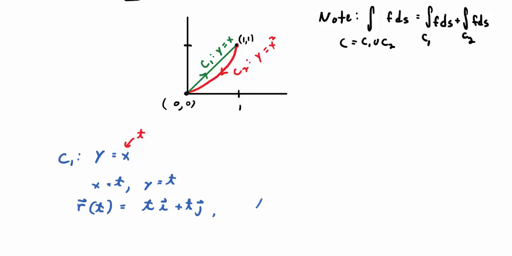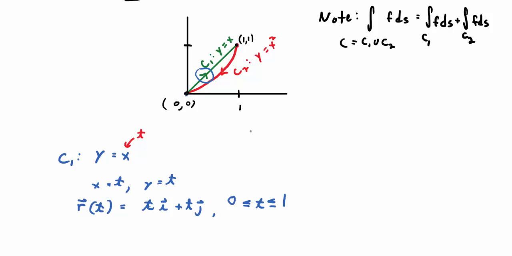What would be the bounds if this is your parameterization? Parameterizations aren't unique, but this would be the simplest one I could think of. What would be the bounds on t? If you want to start at (0, 0) and end at (1, 1), that's what the orientation indicates, 0 to 1. If you plug in 0, you end up at (0, 0). If you plug in 1, x equals 1 and y equals 1. You have to find the bounds on t because those turn out to be your limits of integration. Does that make sense?